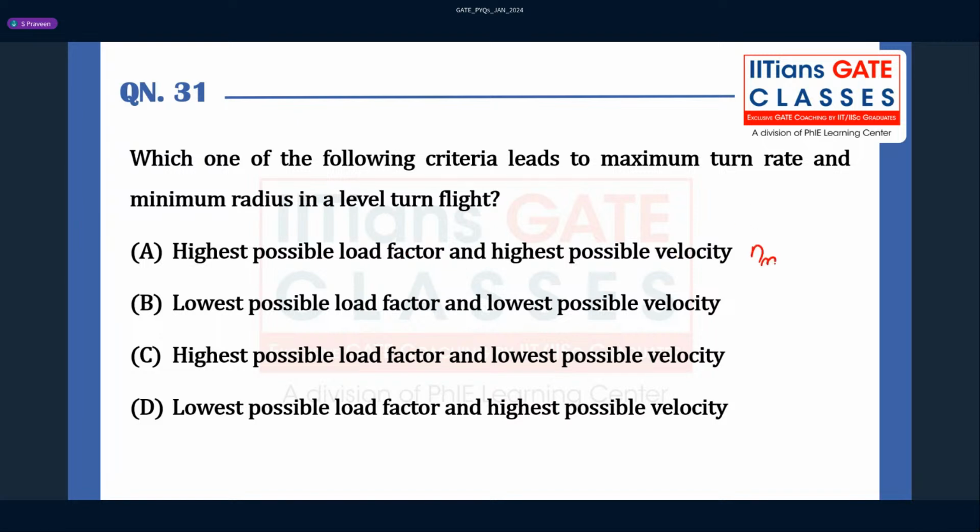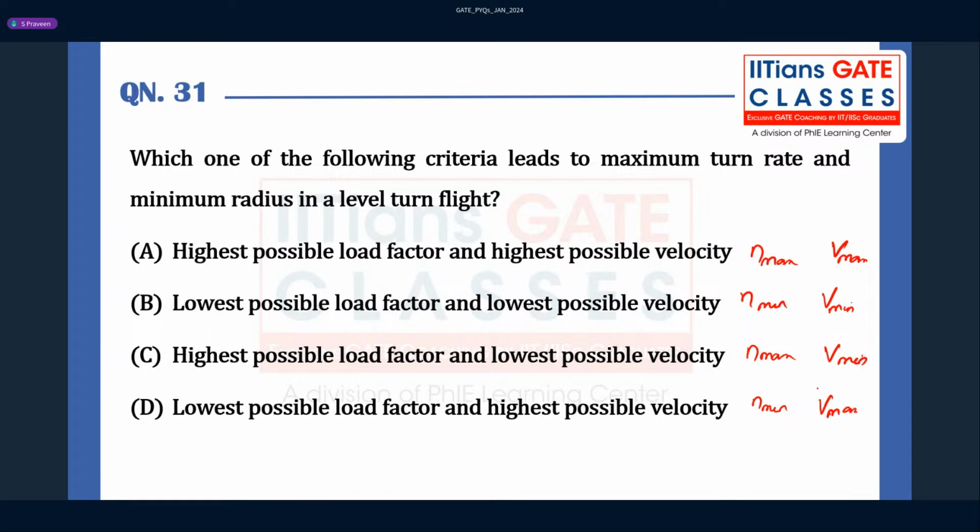It's basically N max and V max, N min and V min, N max and V min, and N min and V max, where N and V are obvious from the naming convention.